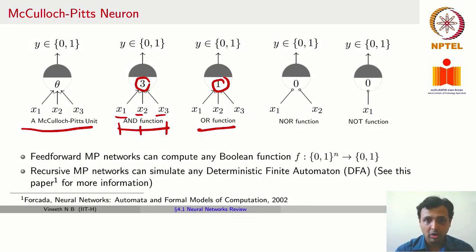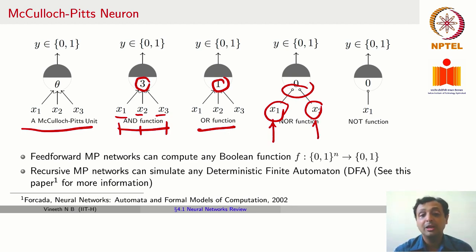And for the NOR function, you have the McCulloch-Pitts neuron to be something like this, where if you notice there is a slight change in notation, and these inputs now designate that these are inhibitory inputs and not excitatory inputs, which means if one of them is on, it's definitely going to give an output as 0.